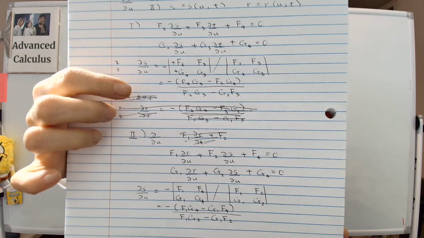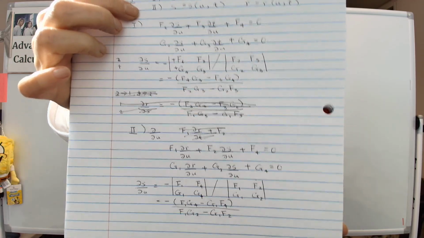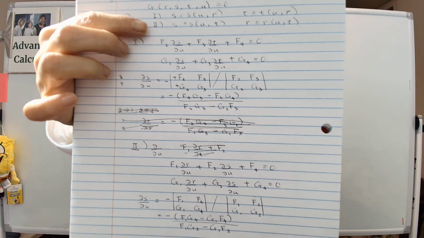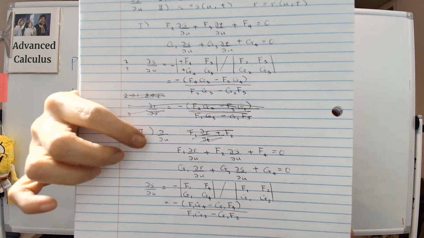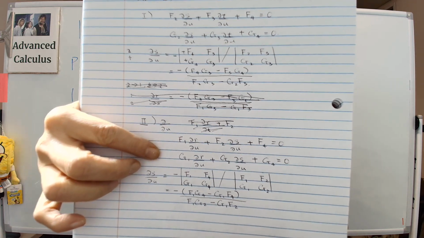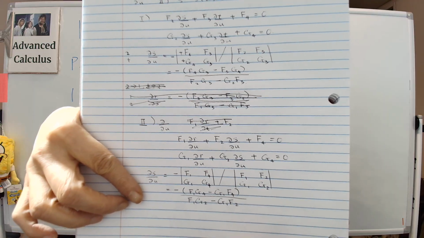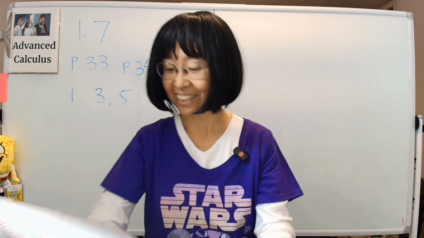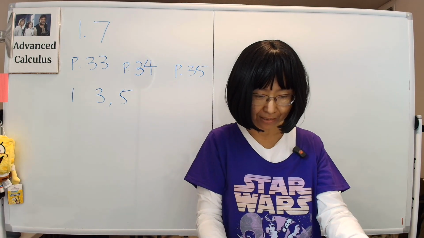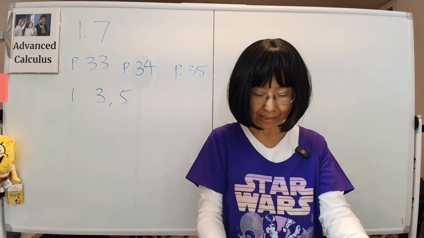Similarly, in case 2, we do the same thing, except that now r is the dependent variable. So we pay careful attention to that fact and come up with something that looks similar to this. So it should be correct, okay? And yeah, that's about that.